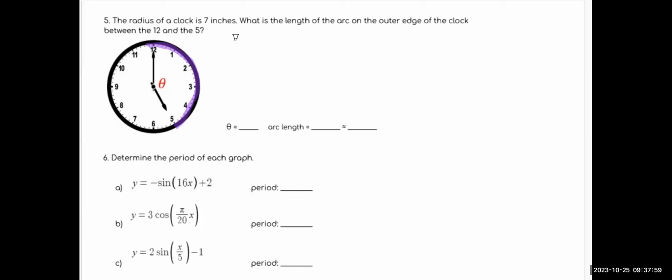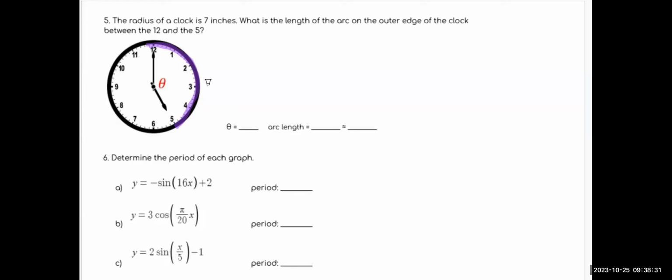So we're working with a circle. It's divided into equal parts. So what is the angle measure between like 12 and 1? Or 1 and 2? Yep.